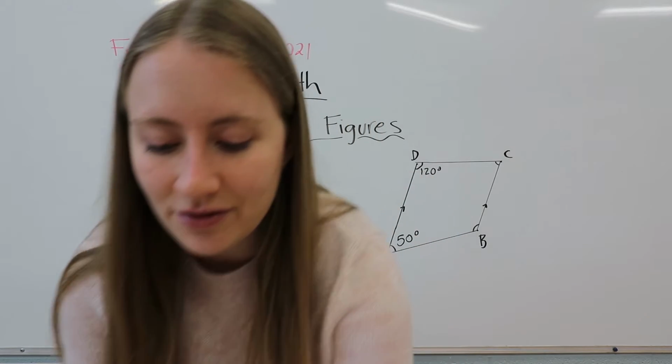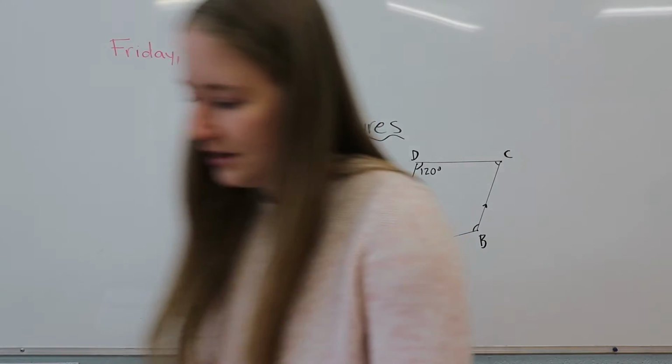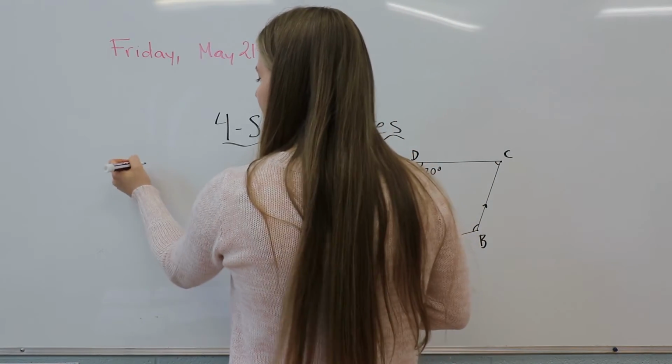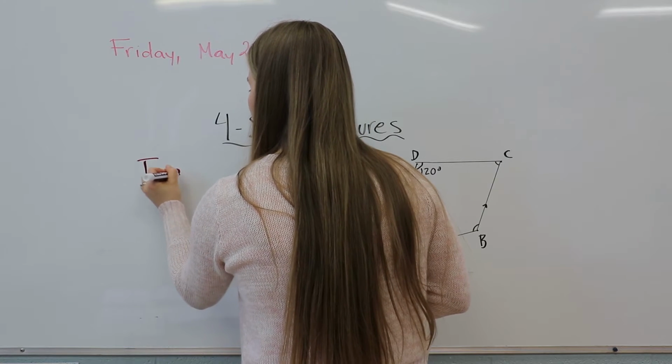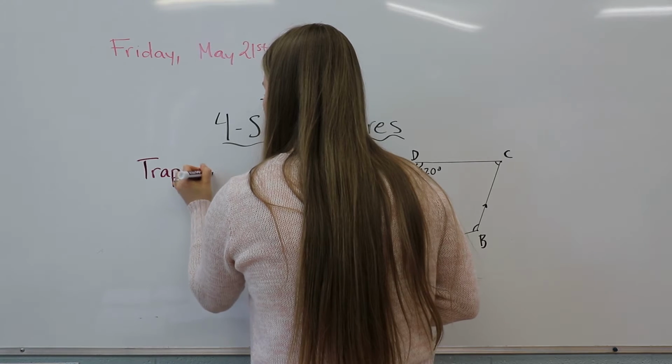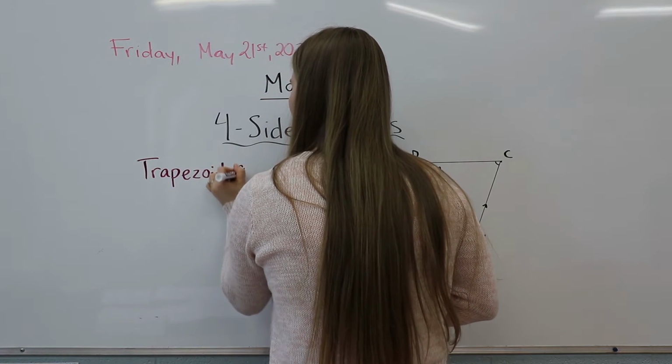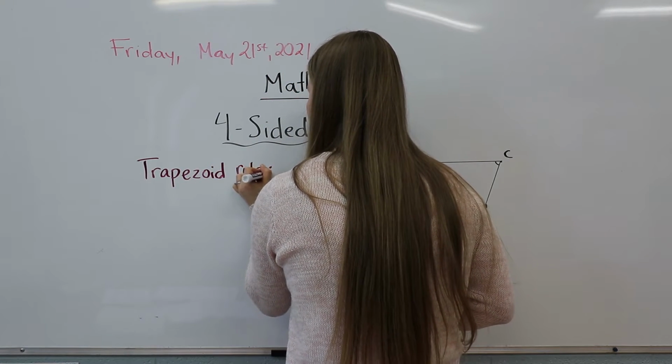So let's take a moment and write that down in our notebooks. Okay. So you can continue under the note that you have, and we're going to just call it trapezoid rule, okay, because it's just the one.